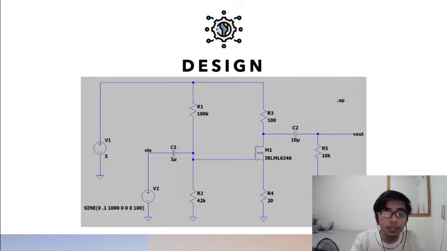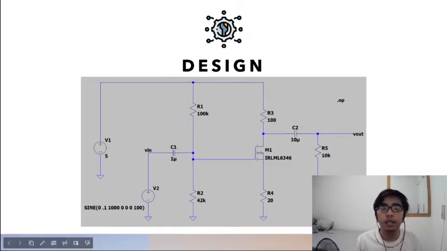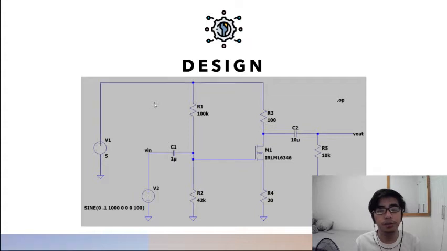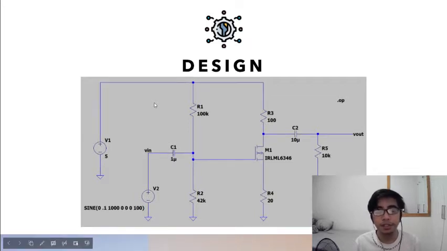For the resistors, it uses 100k ohms, 42k ohms, 100 ohms, 20 ohms, and 10k ohms. For the MOSFET transistor, we are going to use an IRL transistor, which is manufactured by International Rectifier.